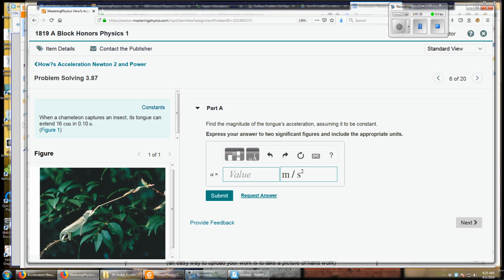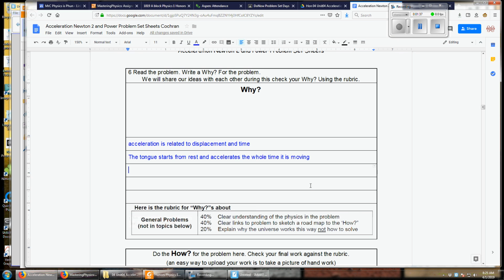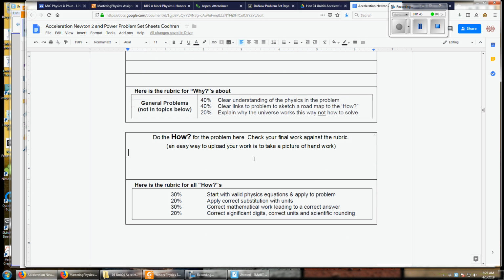I think that's about it that I would need for the Y, because this one's pretty straightforward. So let's see, this will be in A block, date 2, problem 1.